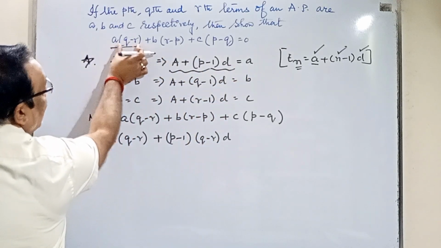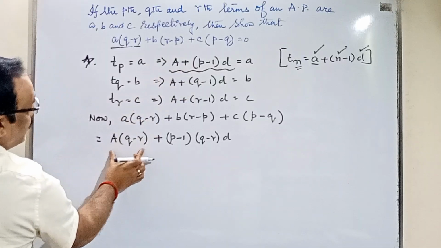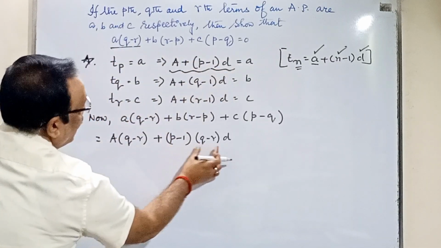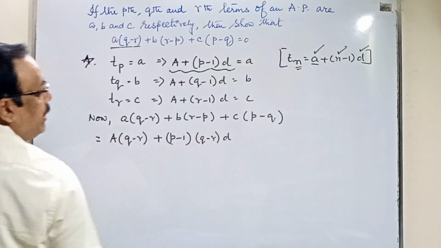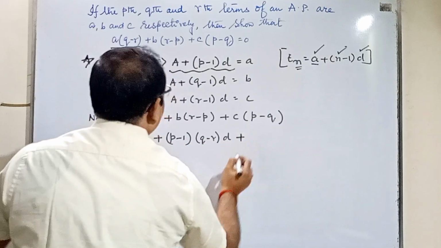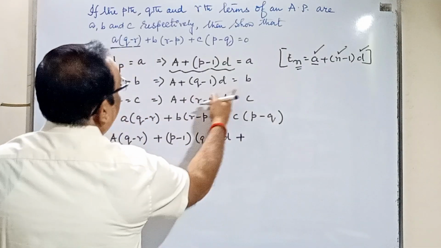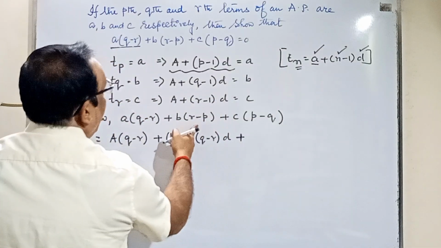So this (Q minus R) is getting multiplied with A into (Q minus R) plus (Q minus R) into (P minus 1) into D. Similarly, for the next term, B into (R minus P). So B is this. With this I will multiply (R minus P).